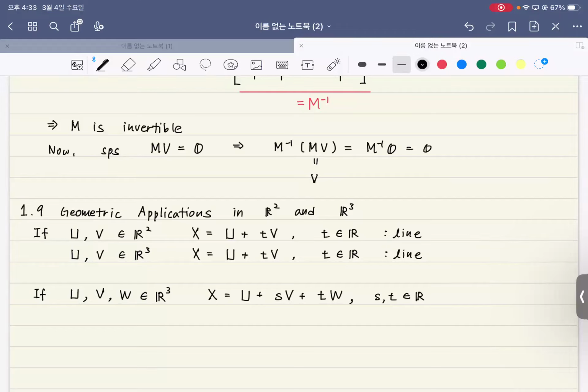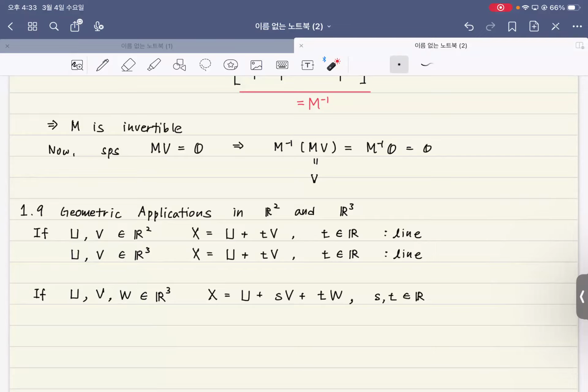Just like before, let me ignore this vector U first. Let me say that U is the 0 vector. Then in that case, X is going to represent a 2-dimensional plane spanned by vector V and vector W, right? You can easily imagine a 2-dimensional plane in R3, which is passing through the origin, and which is containing the vectors V and W at the same time.